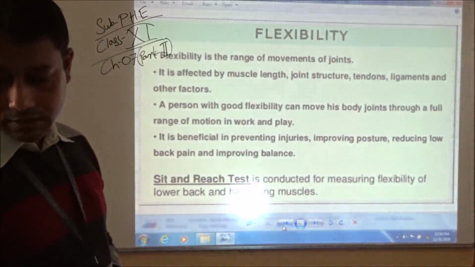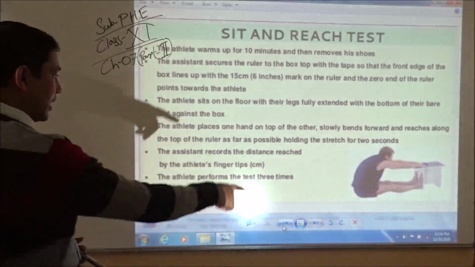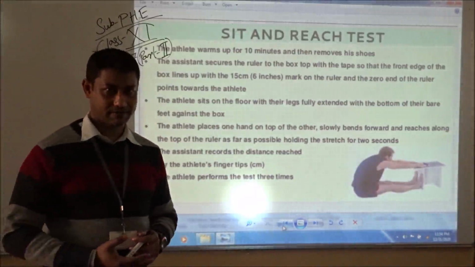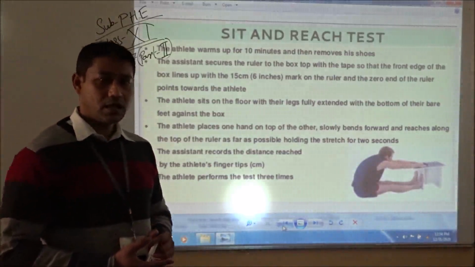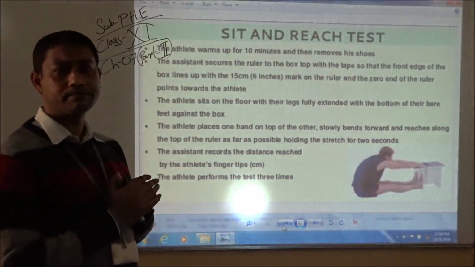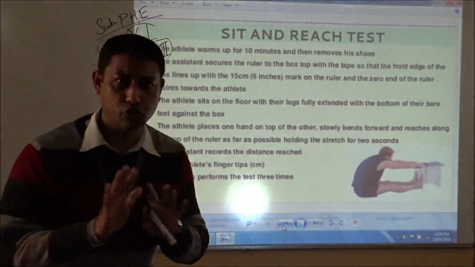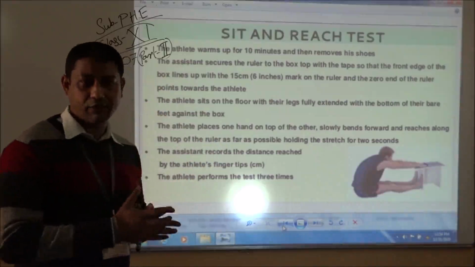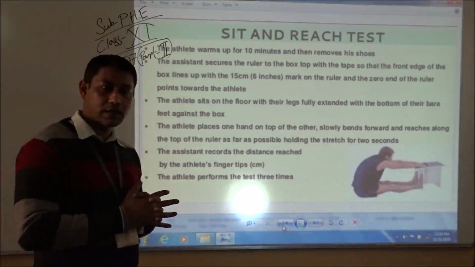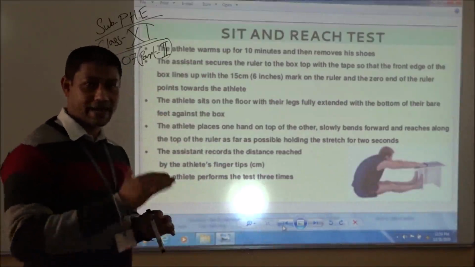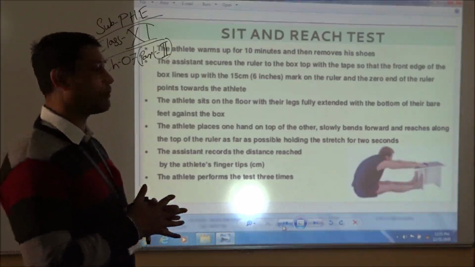As you can see at the bottom, students, that is the sit and reach box. The subject needs to be barefooted. Barefooted means no shoes, no slippers. The subject will first of all be sitting on the floor. His legs will be extended forward in a straight manner.